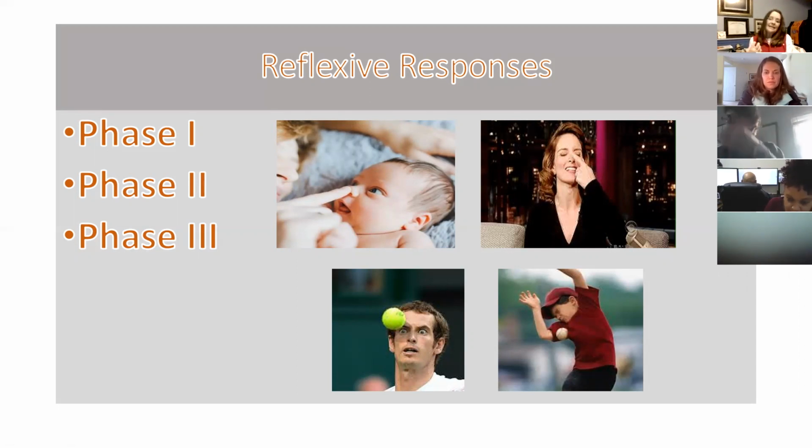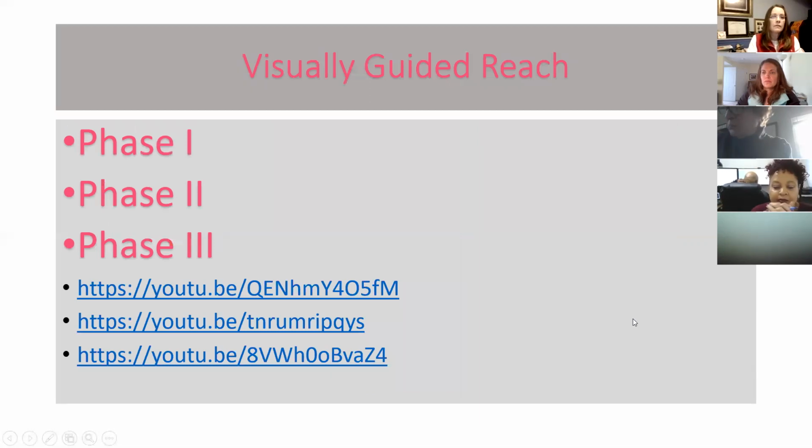He closed his eyes and he turned his body. He's still going to get hit probably. But this baseball is an example of responding to a visual threat coming towards your face, and the tennis player is an example of not responding to something coming towards your face.